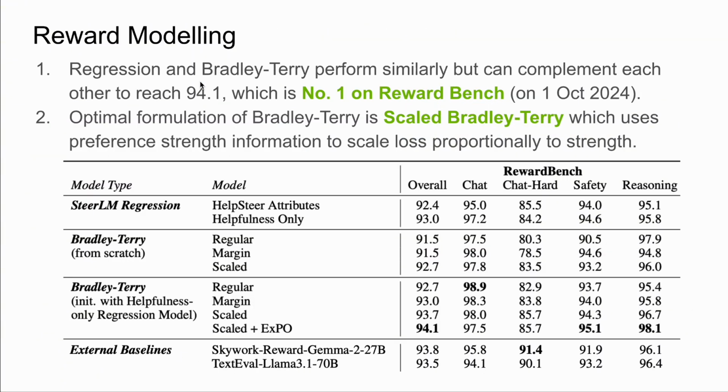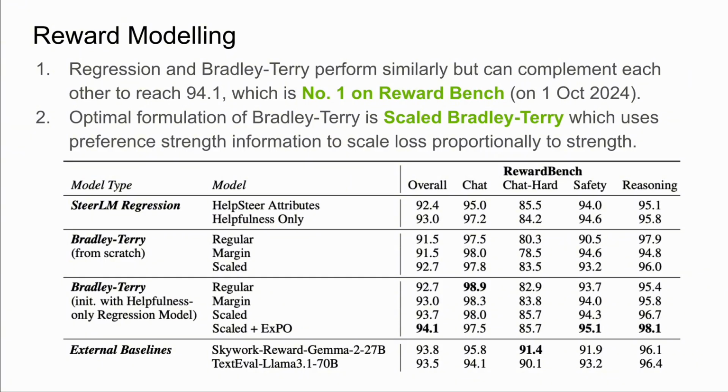Okay, so moving forward, we did some reward modeling, and we did both Bradley-Terry as well as SteerLM regression, which is basically Likert-style regression. We found that the optimal formulation for Bradley-Terry is scaled Bradley-Terry, which scales the loss proportionally to the preference strength.